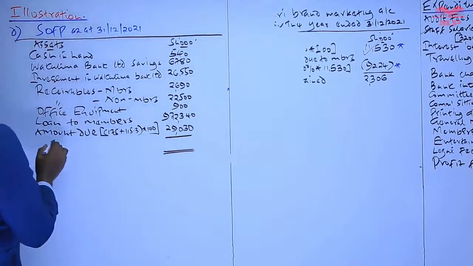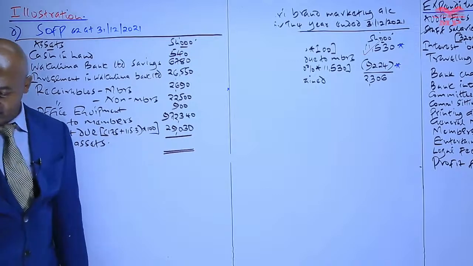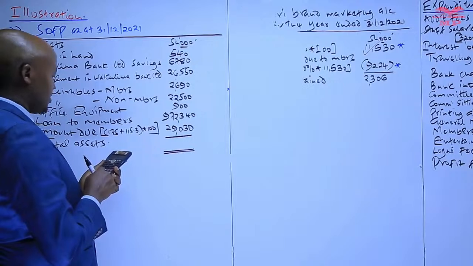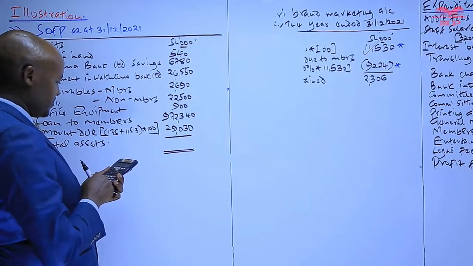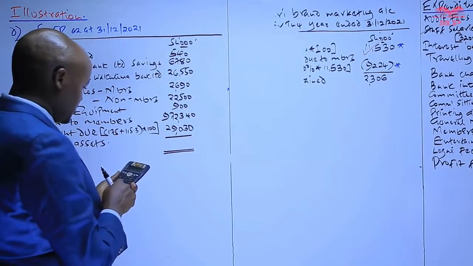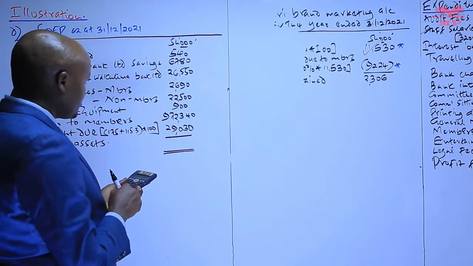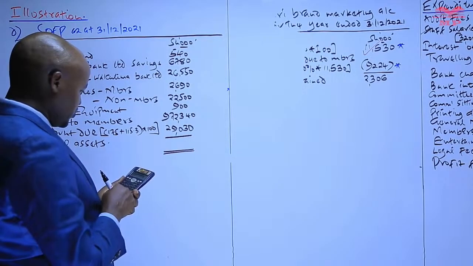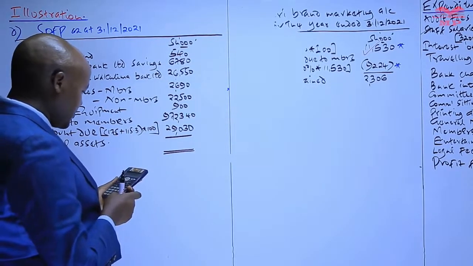Yes, so what we need to do here is to get the total assets. So let's add all these assets starting from where we have 540 plus 6780 plus 26,550 plus 2690 plus 22,500 plus 900 plus 972,340 plus 29,030.